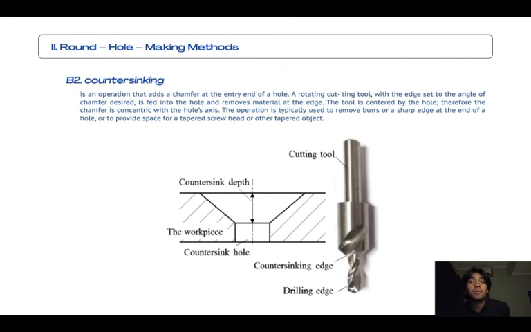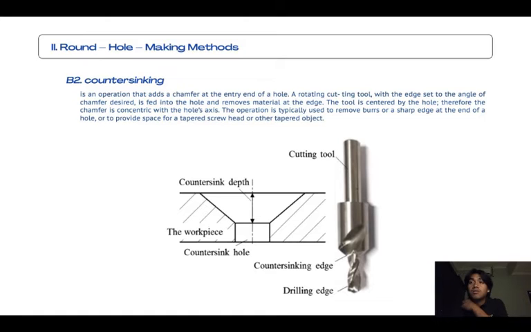Okay, the second subtopic of drilling is countersinking. It is an operation that adds a chamfer at the entry end of the hole. A rotating cutting tool with the edge set to the angle of chamfer desired is fed into the hole and removes material at the edge.